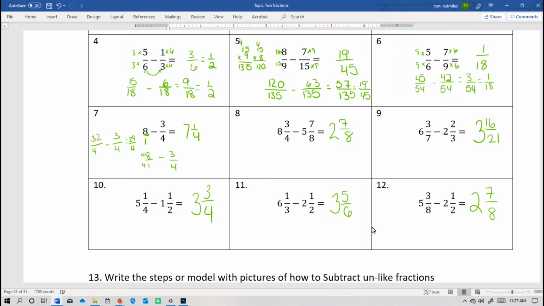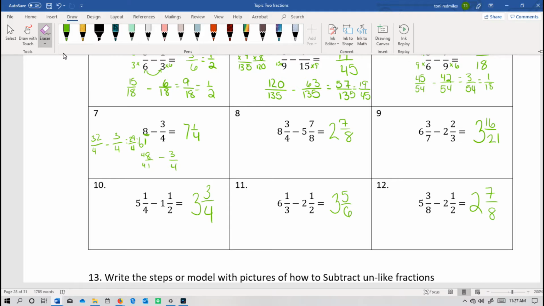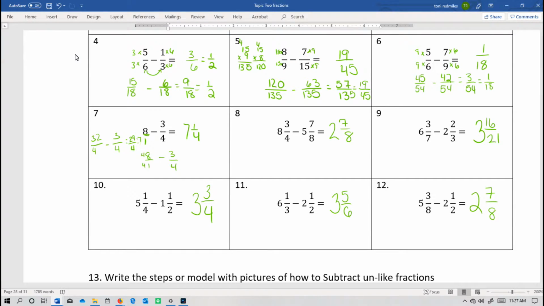Now I got to turn this back into a mixed number. 4 goes into 29 6 times. Oh, 7 times. Sorry. Because 4 times 7 is 28, which will leave me with 1 extra over 4. So 7 and 1/4. Still got the same answer, just a different method.